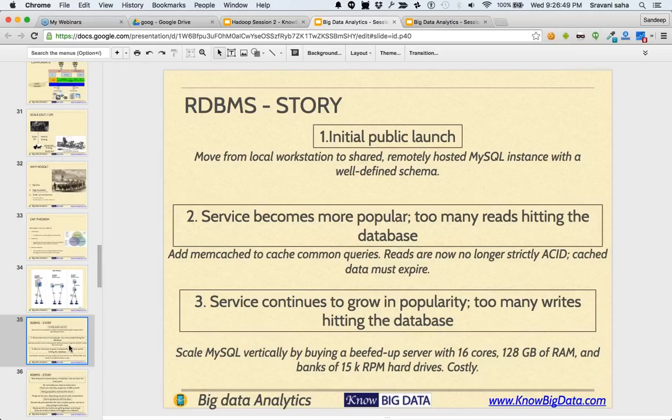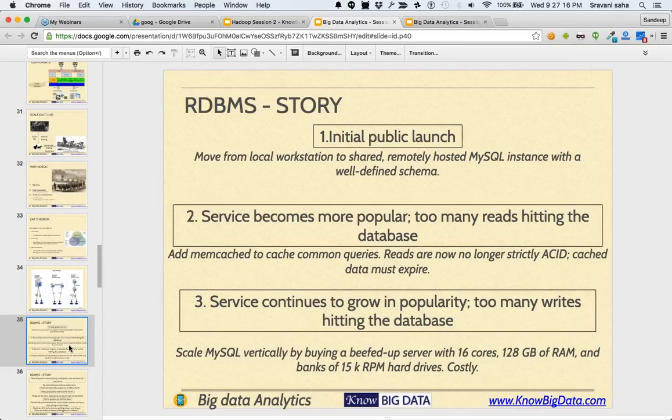So you add a system like memcached, which caches the database data, and whatever the common requests are, we start caching those. If you are from software development management, you will know that caching is the first knee-jerk reaction.